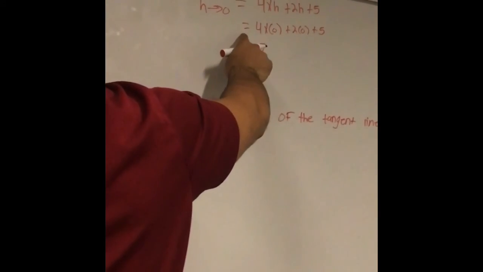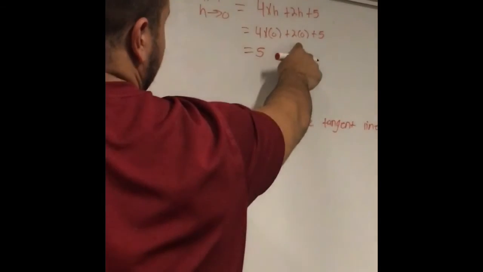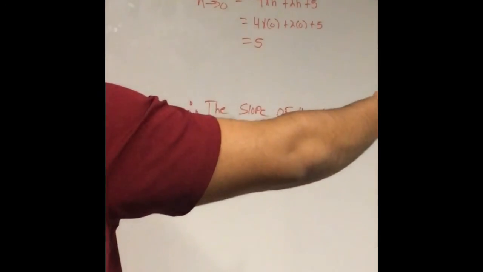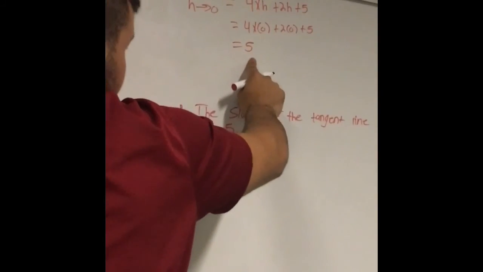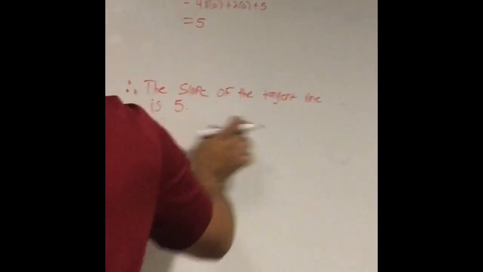So that would give us 4x plus 2 times 0 plus 5, and anything times 0 is 0, which would just leave us with 4x plus 5. Therefore, the slope of the tangent line is 4x plus 5.